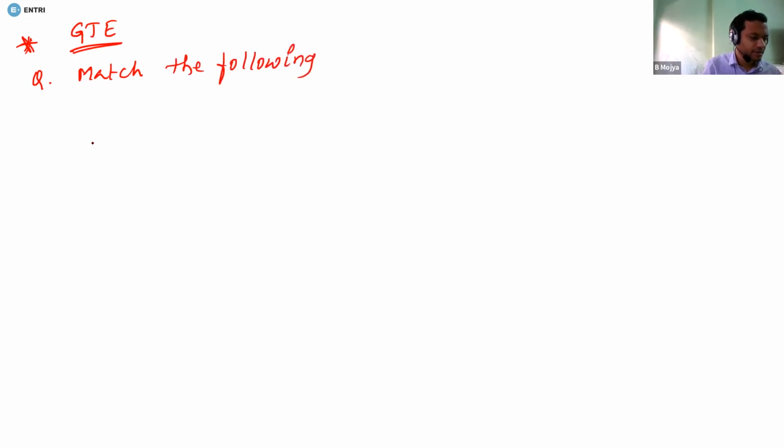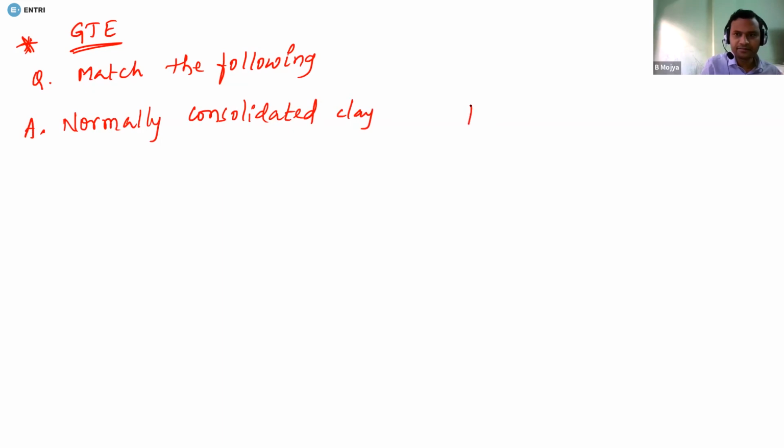A is normally consolidated clay, and P is sensitivity greater than 16.